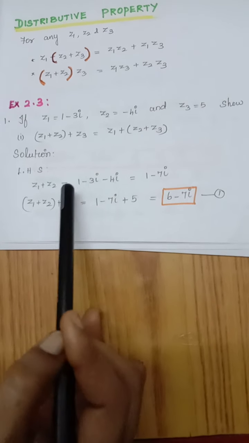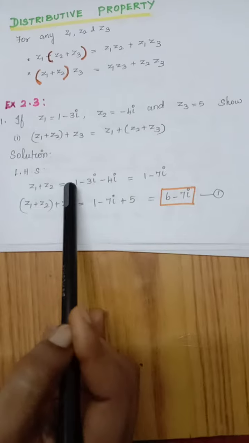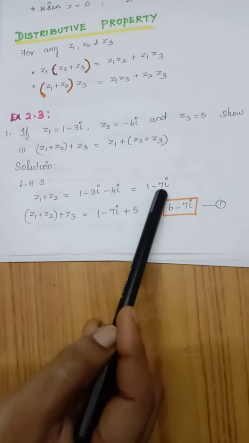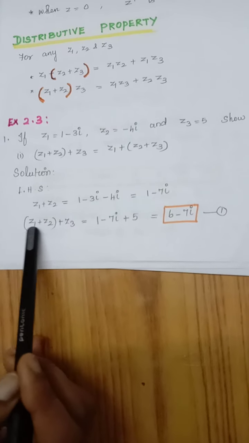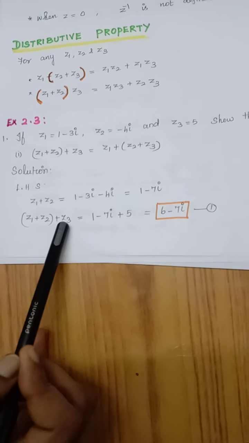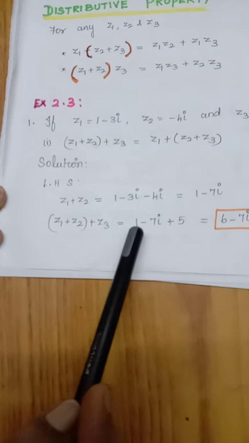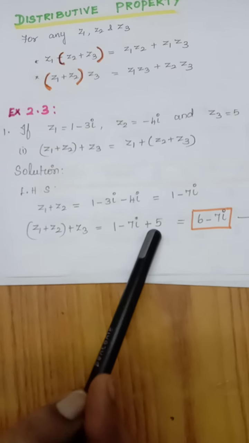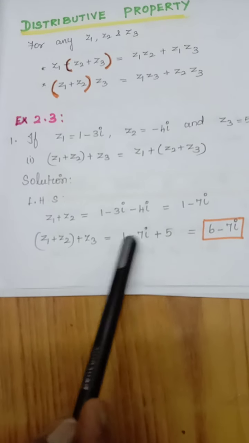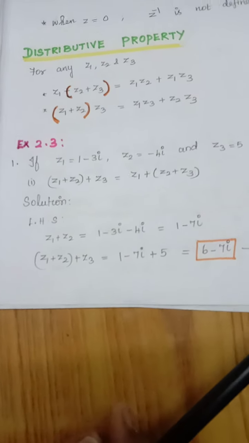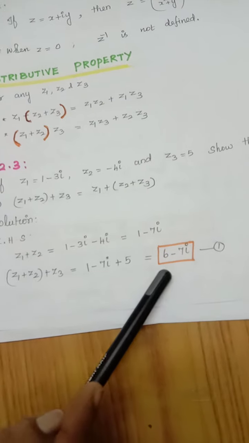The real part is 1, and minus 3i minus 4i is minus 7i. Now z1 plus z2, which is 1 minus 7i, has to be added with z3, which is 5. The real part is 1 plus 5, which is 6, and minus 7i. This is the left hand side.